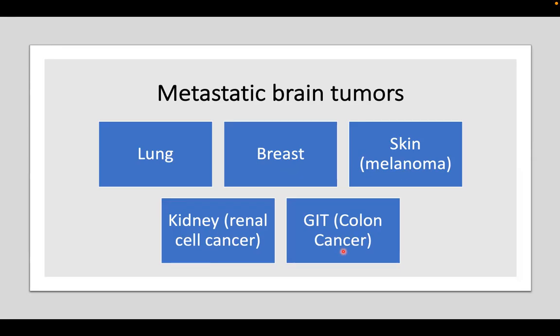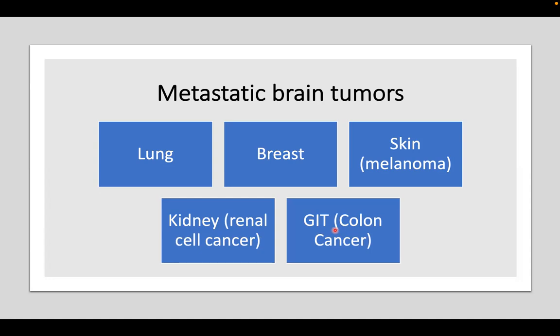Then we have the gastrointestinal tract, in particular, colon carcinoma. So what are the most common primary cancers that would metastasize to the brain? Lung, breast, skin, which is melanoma, kidney, which is renal cell CA, and gastrointestinal tract, which is colon CA.